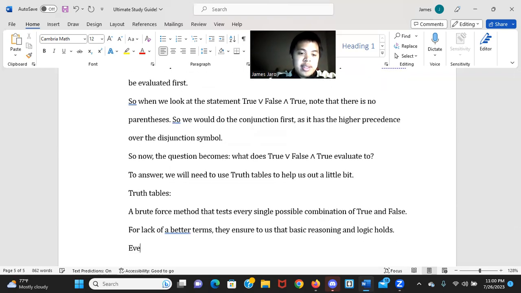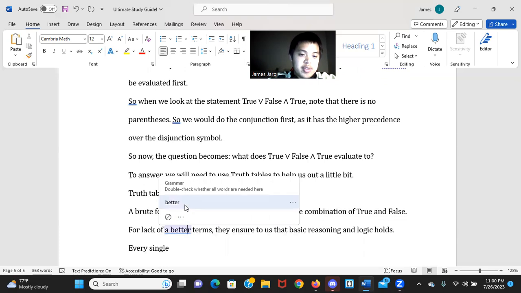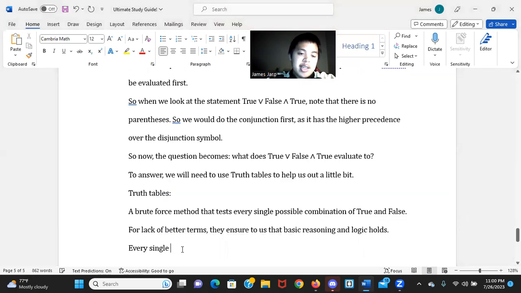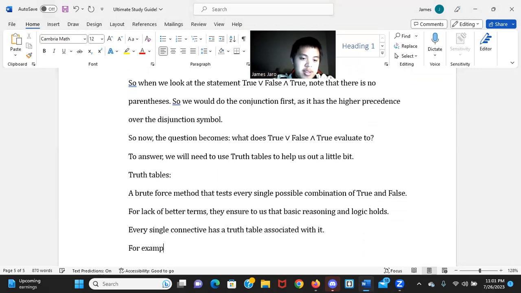So for every single symbol, every single connective that we have, every single connective has a truth table associated with it. For example, the wedge symbol has the following truth table.